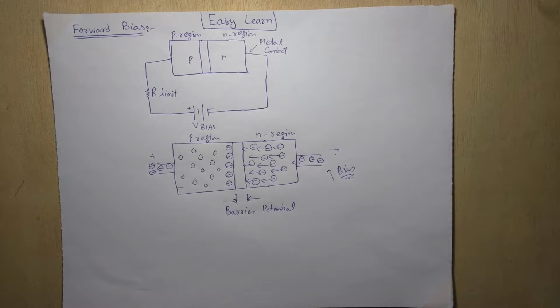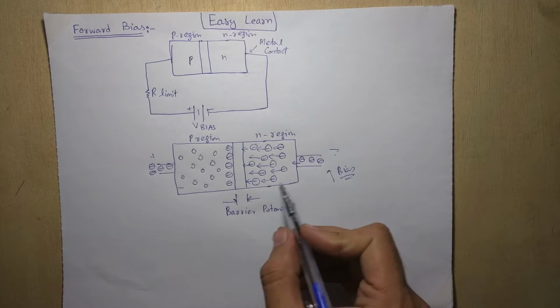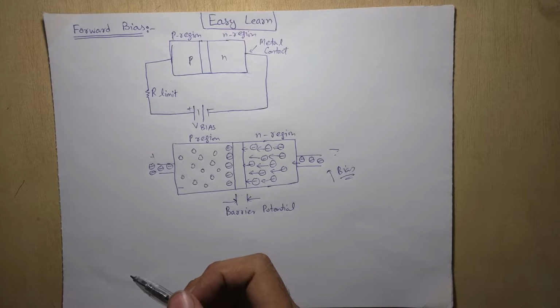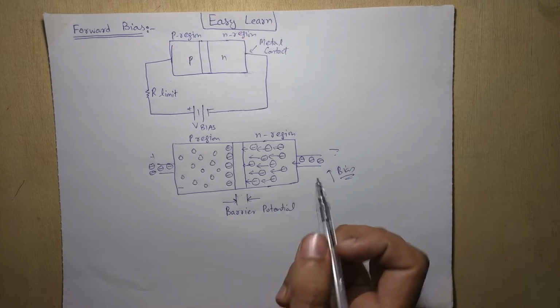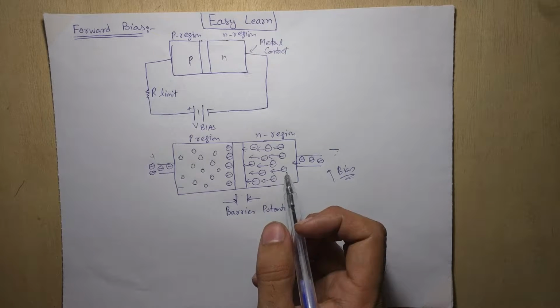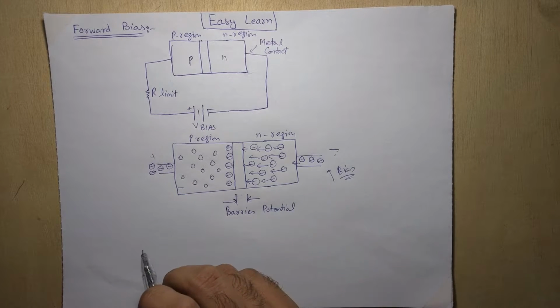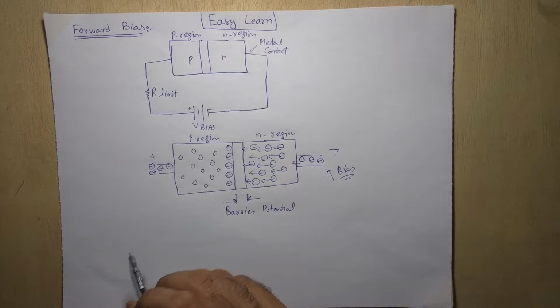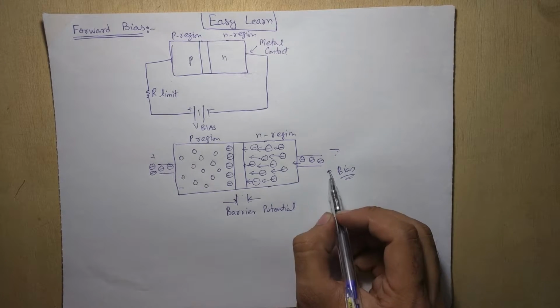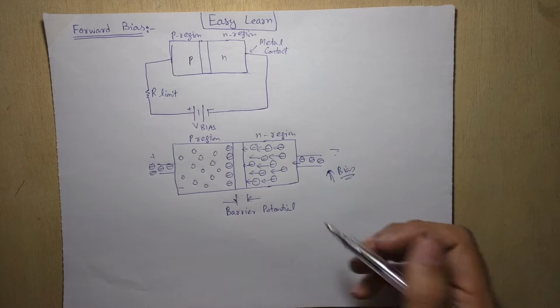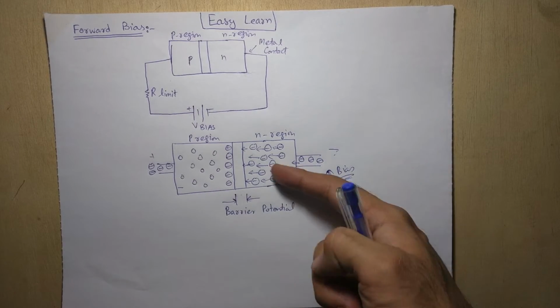This flow of electrons is called the electron current, because there are two types of current, as you know. The electrons are moving in this pattern, and this movement is due to the free electrons. The negative side of the source also continuously provides free electrons towards these sides.